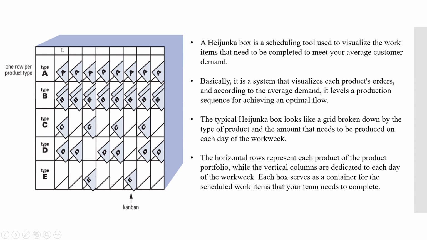Like on Monday, you have to produce 1,000 pieces of type A, 2,000 of type B, 1,000 of type C, 1,000 of type D, and you don't have to produce type E on Monday. Like this, Monday, Tuesday, Wednesday, Thursday, Friday, Saturday. For every week, which category of products you have to produce and in what volume is represented in this Heijunka box. Hope you understood, friends.